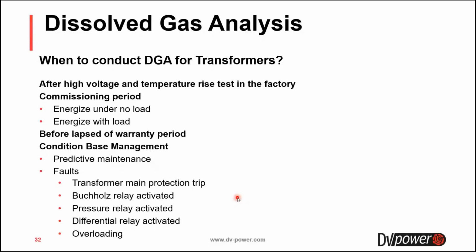It is used for condition-based management for predictive maintenance, and we conduct DGA after faults on the transformer: transformer main protection trip, Buchholz relay activated, pressure relay activated, differential relay activated, and during overloading.